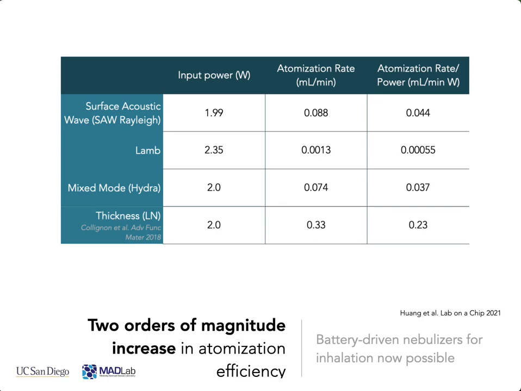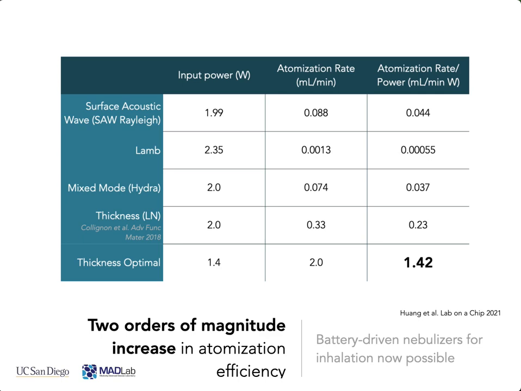And then we have a thickness mode device, which we've shown is on the order of 1 order greater efficiency. And now we have the handheld device with an optimal thickness mode design that is yet another order of magnitude more efficient again.